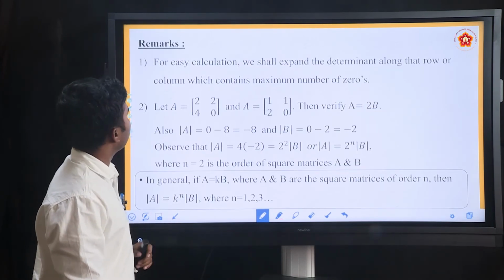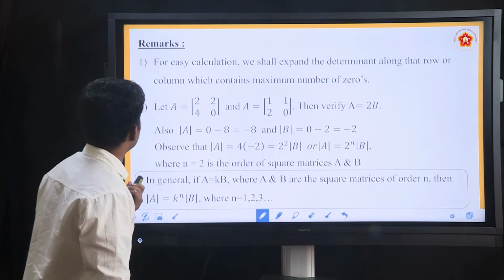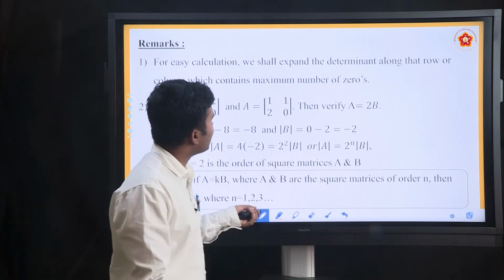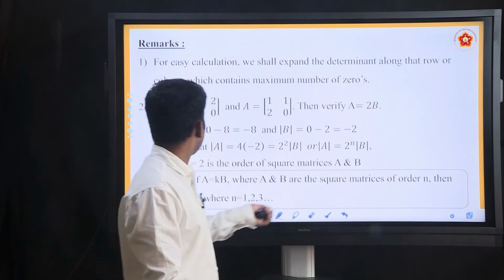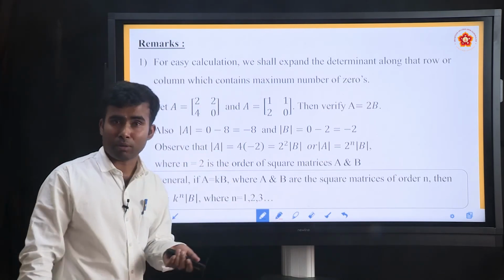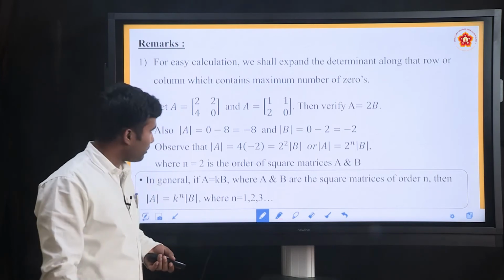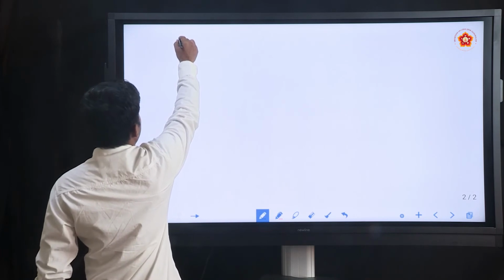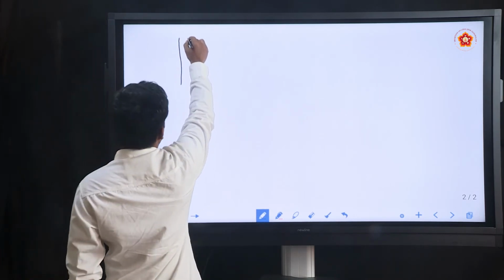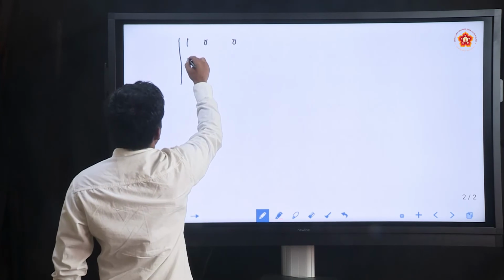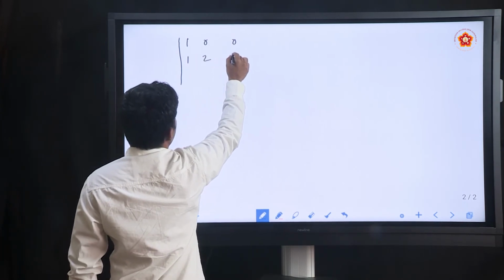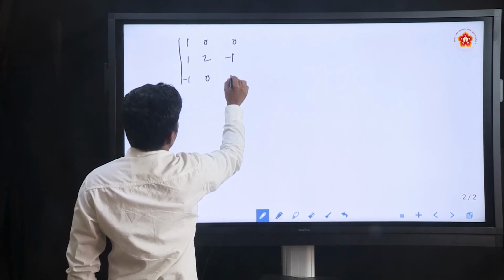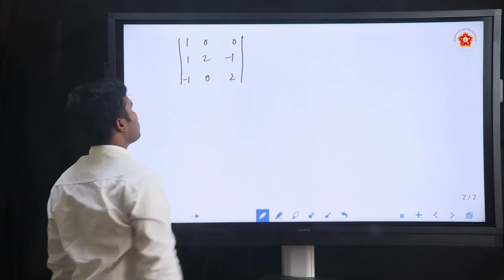And we have some remarks about expansion of a determinant. For easy calculation, we shall expand the determinant along a row or a column which contains the maximum number of zeros. So what does it mean? Suppose we have an example here: 1 0 0, 1 2 minus 1, minus 1 0 2. This is a determinant of order 3.